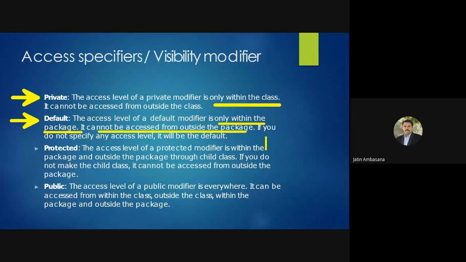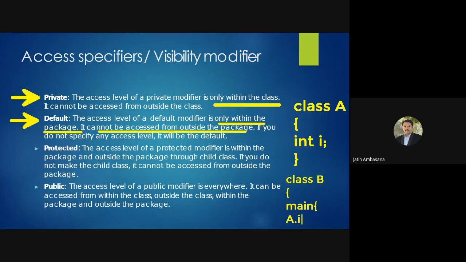So if you define it like this, class A, and now you have some int i, right? Now if there is a class B that wants to use an object of A, suppose in the main method, suppose we have some code like this, A.i equal to 10.